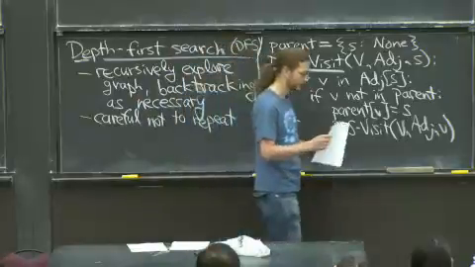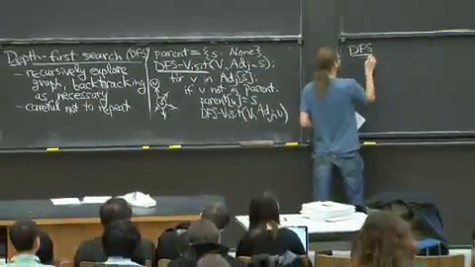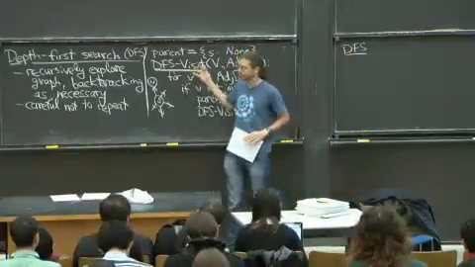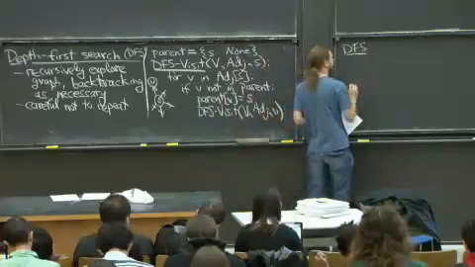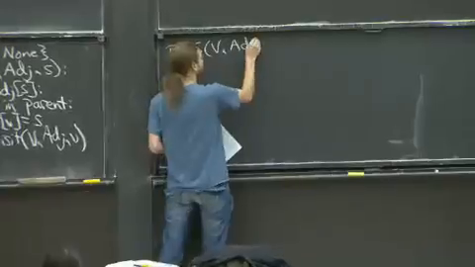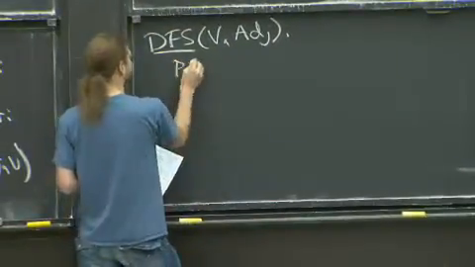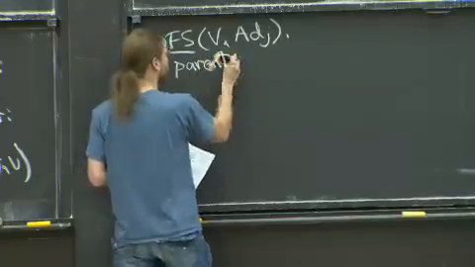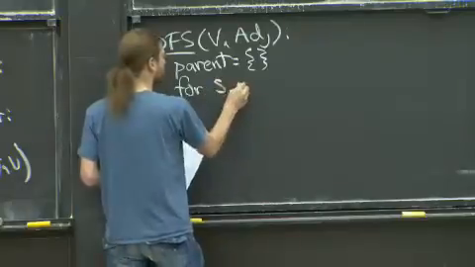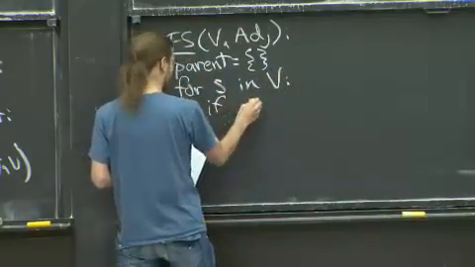The next part of the code I'd like to give you is for visiting all the vertices. In the textbook, this is called DFS, whereas this is just called DFS visit. That's the recursive part, and this is a top-level algorithm. Here we are going to use the set of vertices V, and we're just going to iterate over the S's.